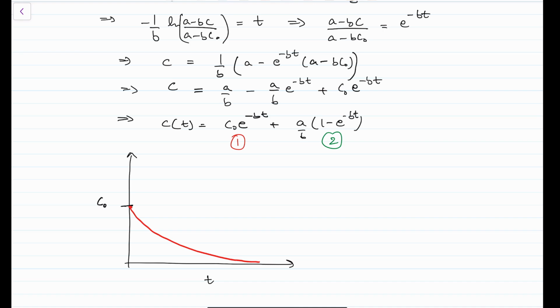So that's one. For 2, if you look at it carefully, the maximum value of term 2 would go to A over B. So say this is A over B, and this is 1 and this is 2. If we combine the two, let me draw this as the total.